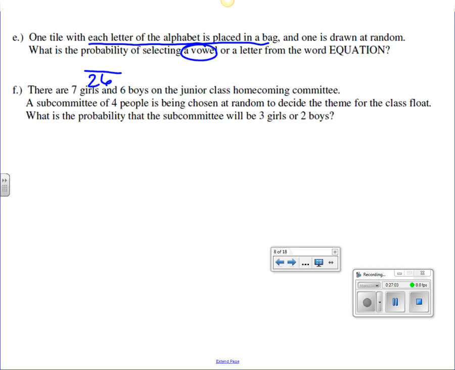Okay, now the first thing they're asking is selecting a vowel. What are the vowels? So how many vowels are there? 5. Okay, or means to put a plus. How many letters are there from the word equation? 1, 2, 3, 4, 5, 6, 7, 8.